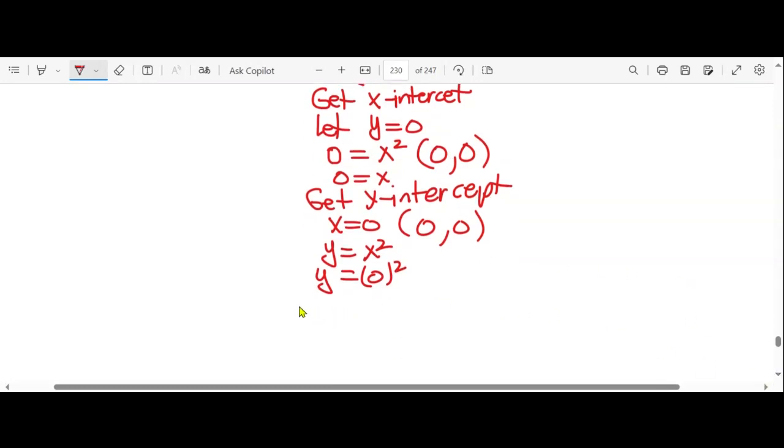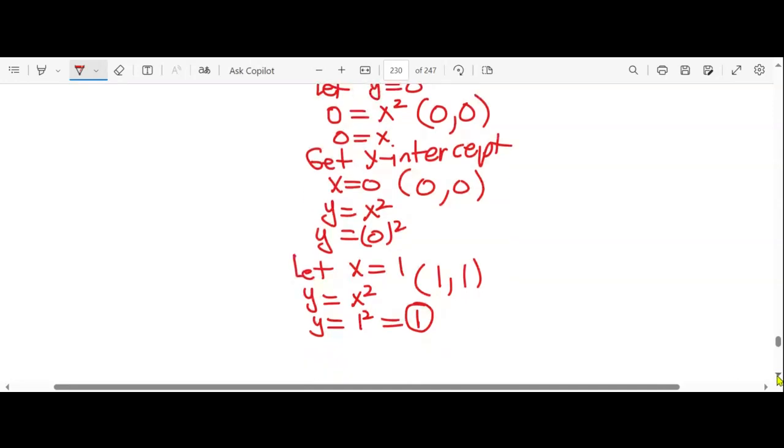Additional points. So I'm going to let, for example, x equal 1. If you replace x by 1, how much is y in this case? It would be 1. So I got a real point here, 1 and 1, an additional point.